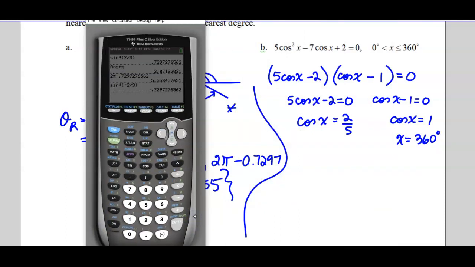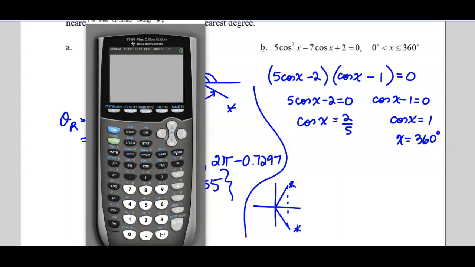Okay, here is cos positive in the first and the fourth. Okay, 2/5. So something like that, right? So in our calculator, because that's a positive value cos, it's going to give you the reference angle.